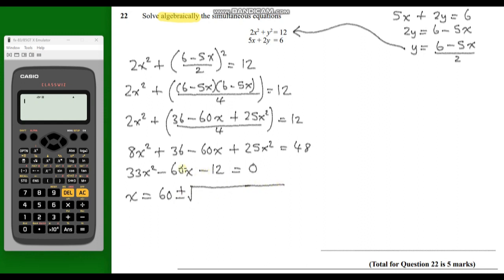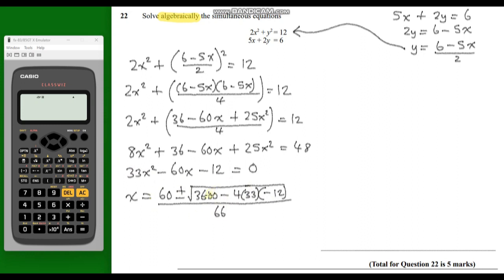And that's b squared, so negative 60 squared, I can do that in my head, that's just 3,600, minus 4 times a times c. So a is 33, and c, we can see, is negative 12. And then the whole thing is over 2a. So 2 lots of 33, well, that's just 66.